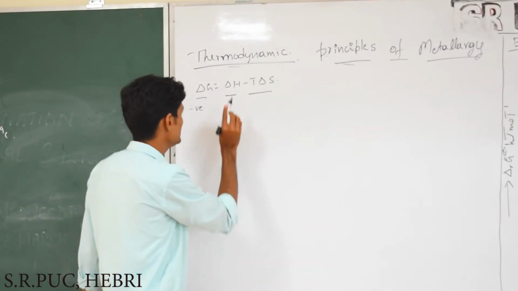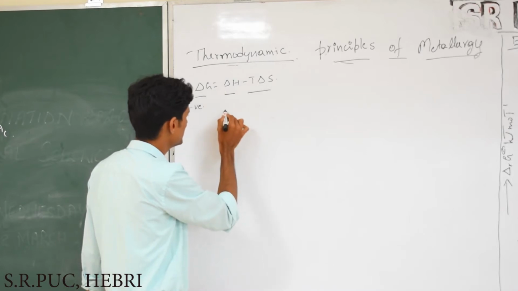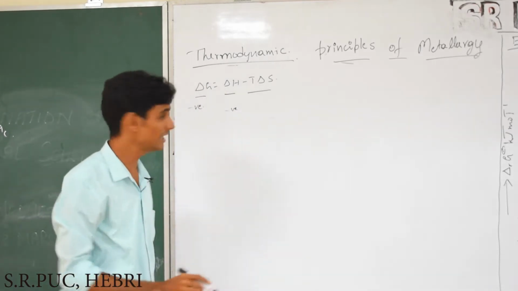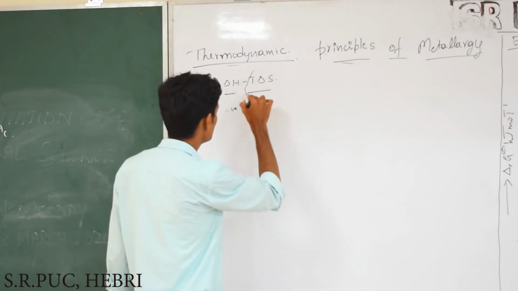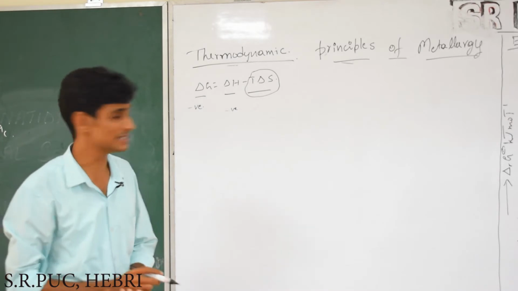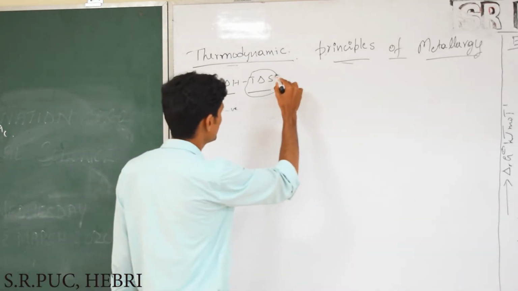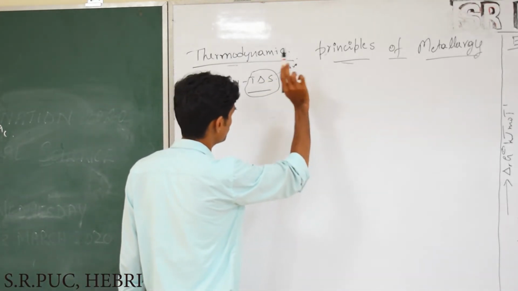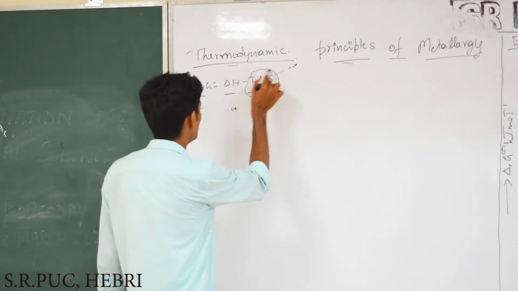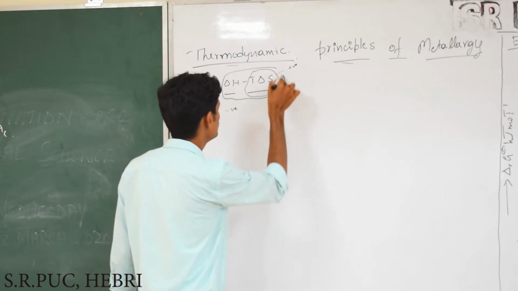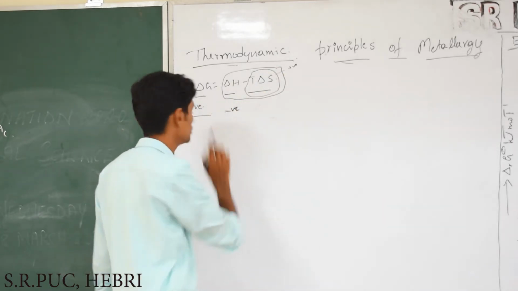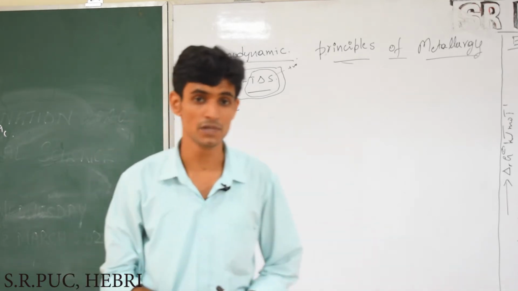Now in some cases this delta H will be negative only, and the product of temperature and delta S, in most of the cases delta S is positive, this term should be negative in order for the reaction to be possible.